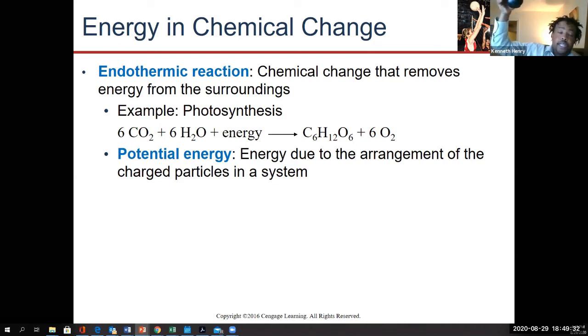Since gravity is pushing down on it and it has a mass, the higher I hold it, the more kinetic energy it can have. So it has this potential energy associated with the arrangement. In the case of molecules, it would be the arrangement of particles in a system, but in the case of my mug, it's just where it's located. If I drop it, that potential becomes kinetic energy.